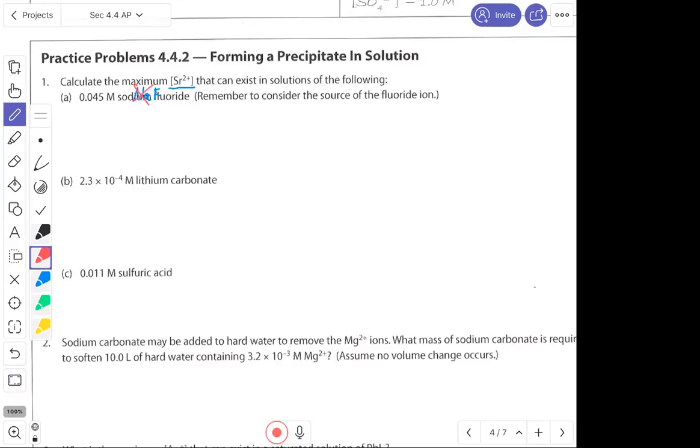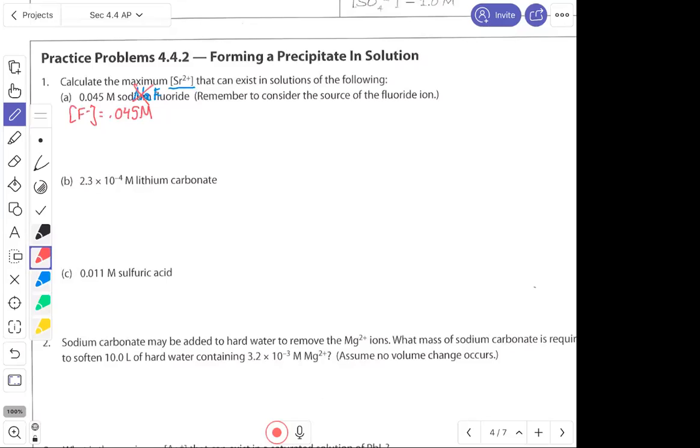So step one told us to figure out the concentration of the ions. The only thing I have here is the 0.045, so I know that my concentration of fluoride is 0.045 molar.